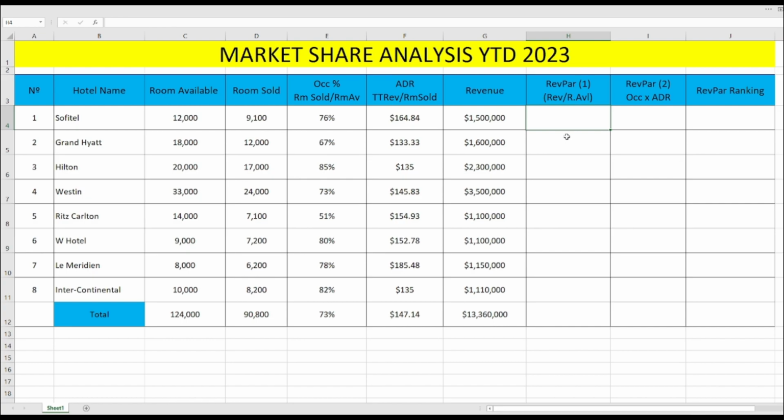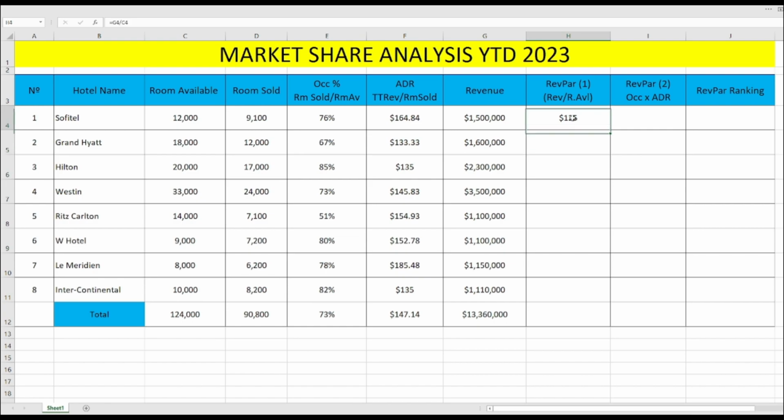The first way to calculate RevPAR is we take the revenue divided by rooms available. Total revenue, starting from Sofitel, divided by total rooms available, not rooms sold but rooms available. This is RevPAR, revenue per available room.